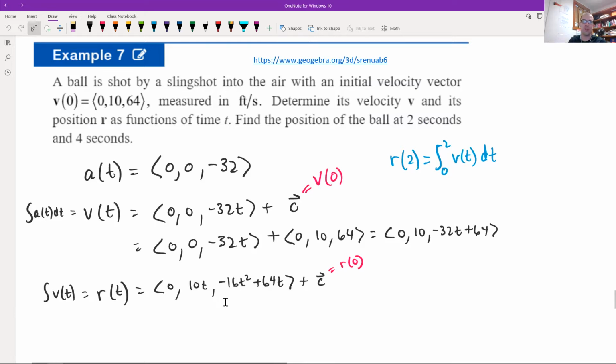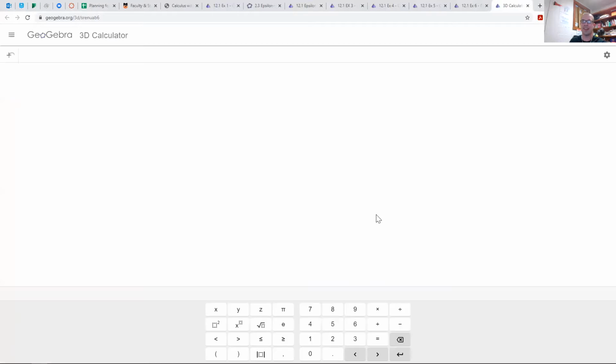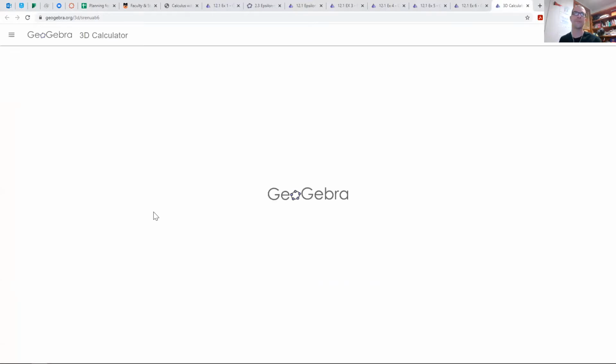I think when you put in 2, you get a vector that's 20 and then 0. No, I think you get 64. Anyways, let's look at the graph and that'll make sure that we know where we're going.